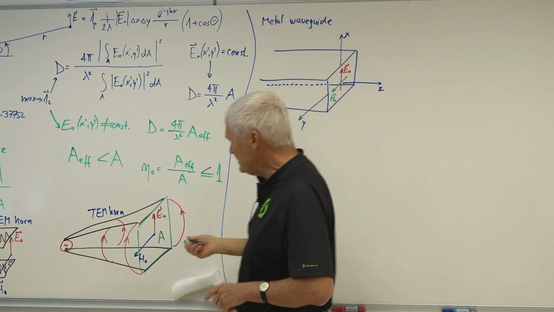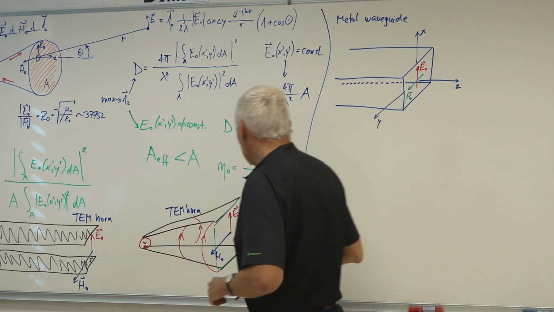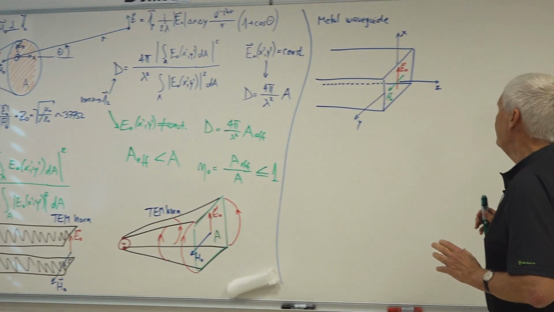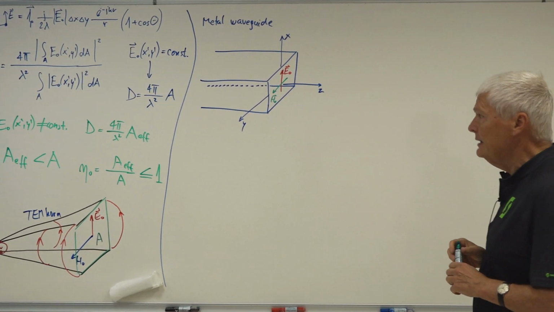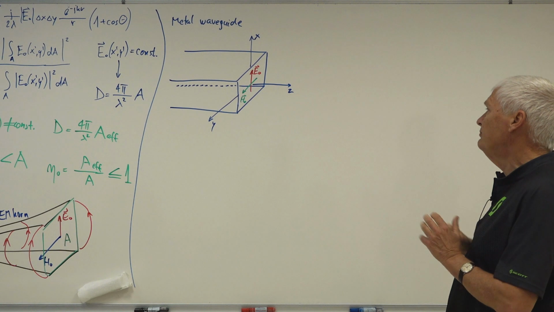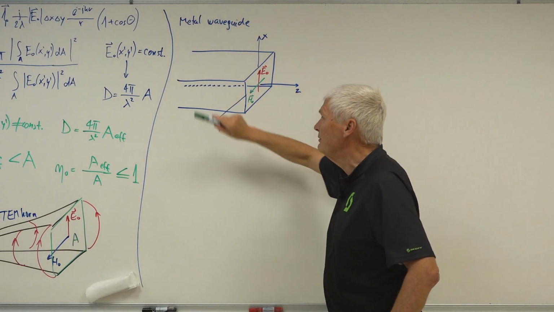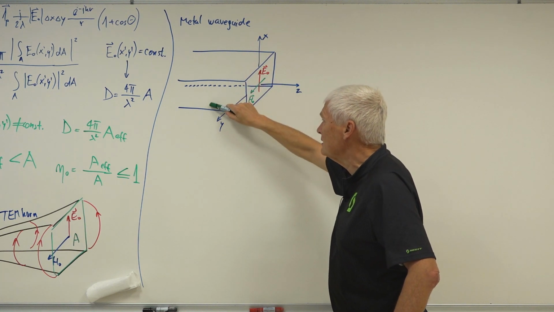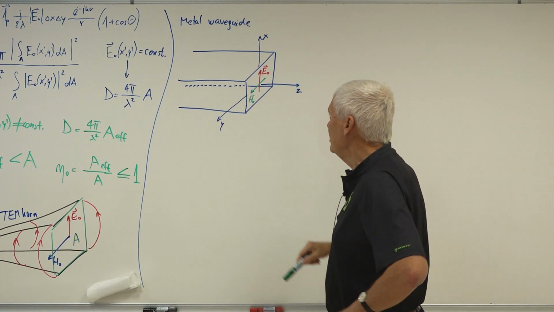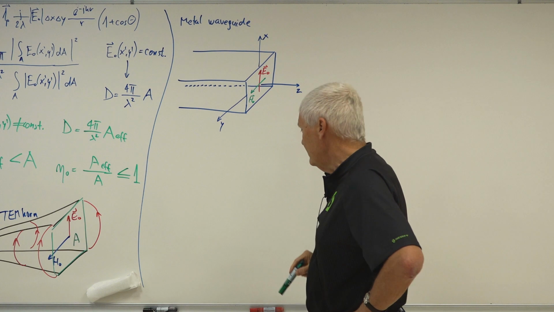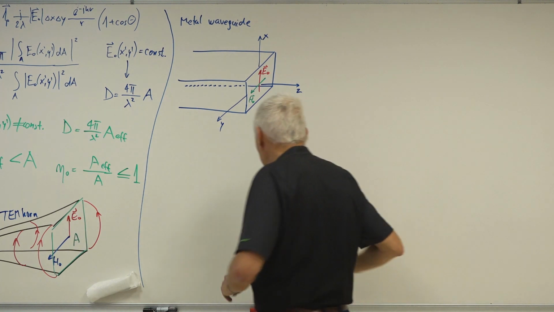So it's the same as here, exactly the same situation, with a small difference. The most important difference is that this is totally defined by the waveguide here. These two side surfaces are metal. So this is all metal. This is a rectangular metal tube.